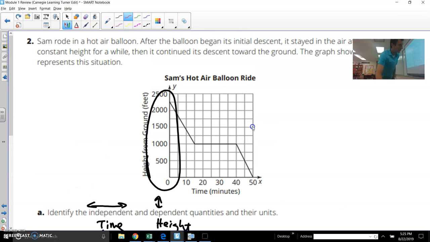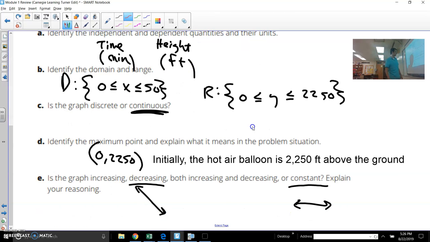Well, it's actually a little bit of decreasing. It's decreasing here and here. But then it's also constant in the middle. So what I said was, hey, it is decreasing. It decreases in 2 different places on the graph. And then it also is constant right in the very middle when the hot air balloon stops descending, but it's not going back up. It's just staying still for a minute before it keeps going back down.